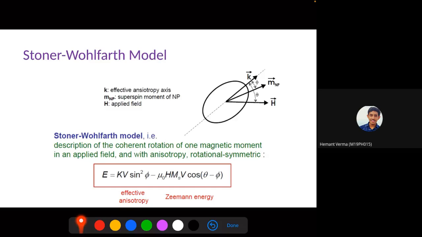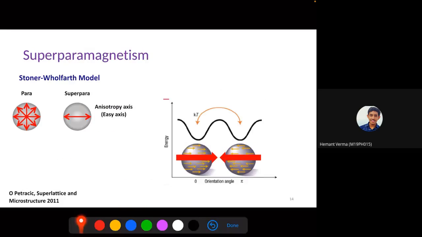There is another model which is called the Néel-Brown model. This Néel-Brown model describes the super paramagnetic behavior, this thermal behavior, so how the ferromagnetic particle will behave in the presence of temperature.